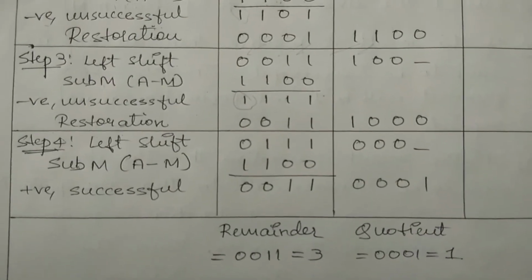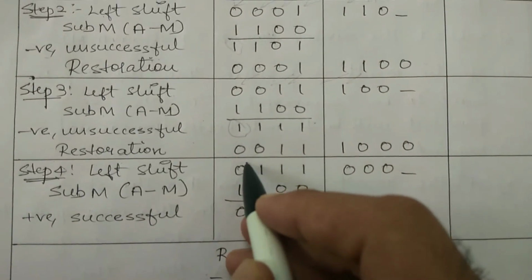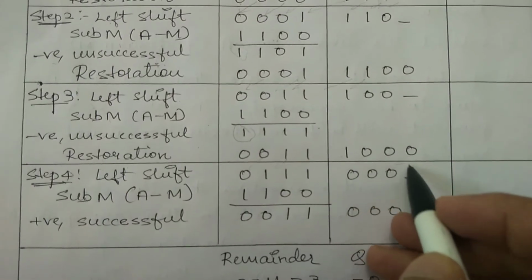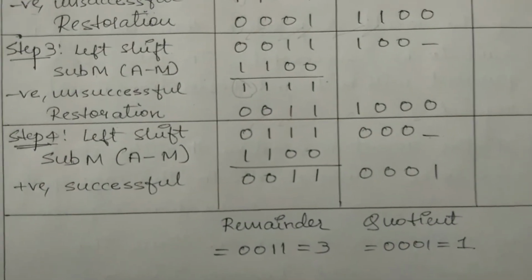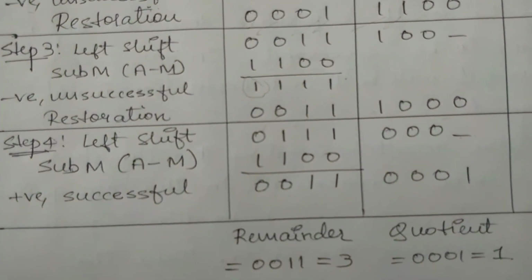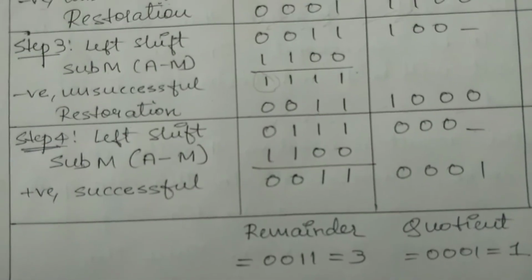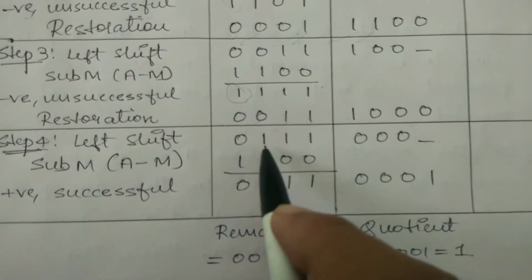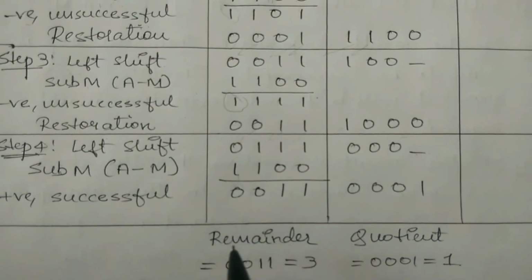Next, in step 4, again we need to follow the same procedure. It is left shifting. After left shifting every number, we need to keep the last as empty, and next subtract M. Here subtraction means it's addition only. 1 1 1 1, here is 0 and carry 1, and 1 1 here is 0.